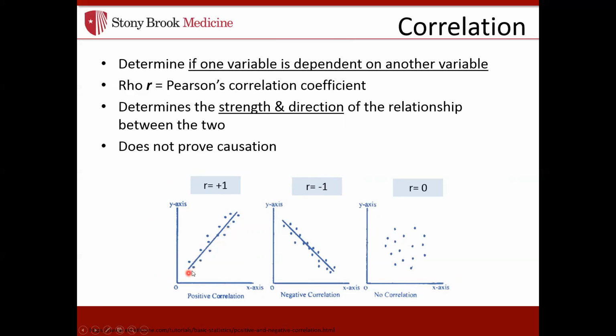You have an independent variable that with the dependent variable has a positive correlation. It's a +1. If you look at the second graph here, it's a negative correlation between the 2 variables, and the rho is considered -1. This is to demonstrate that there's no correlation exist at all between the 2 variables.